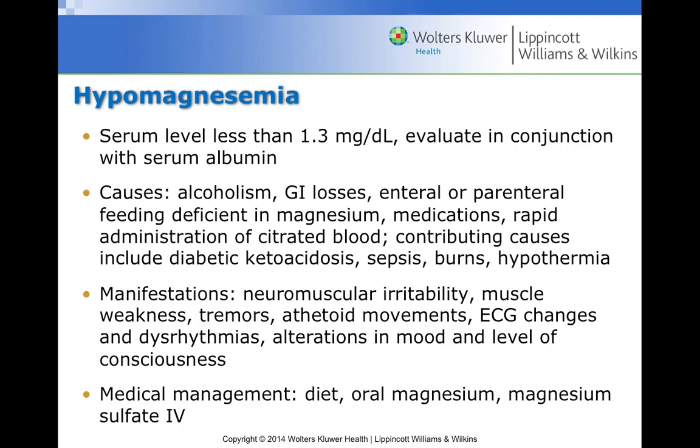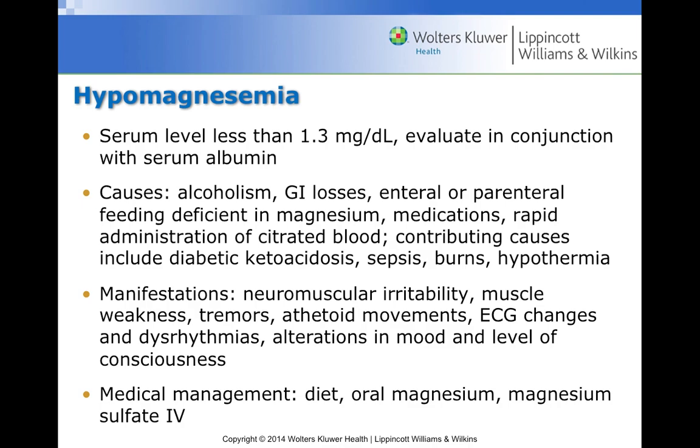Because about 30% of magnesium is protein bound, principally to albumin, a decreased serum albumin level can reduce the measured total magnesium concentrations. However, it does not reduce the ionized plasma magnesium concentration.